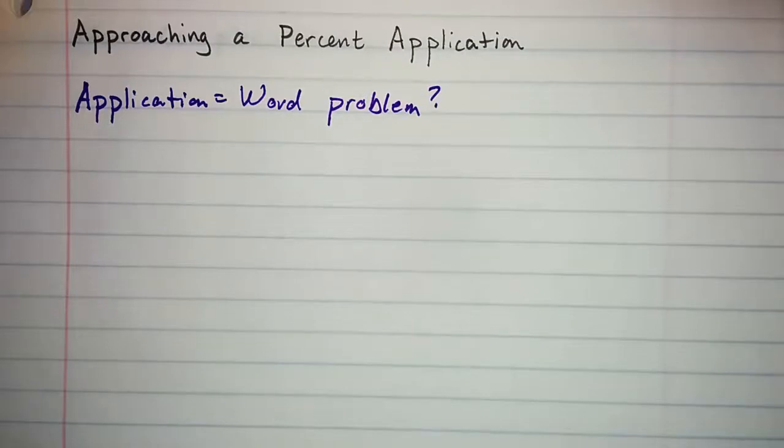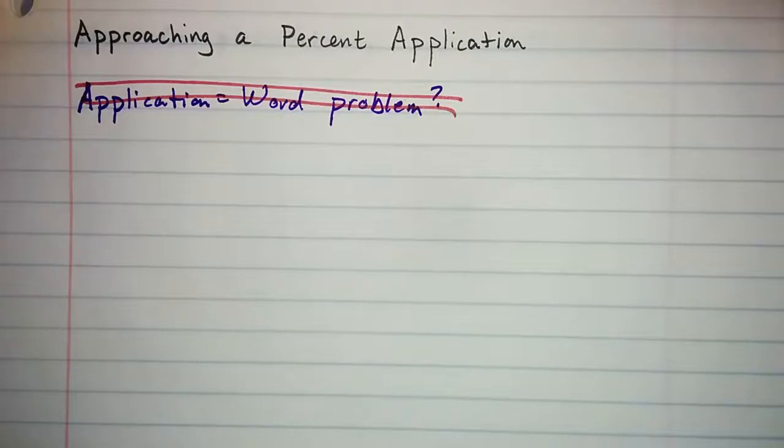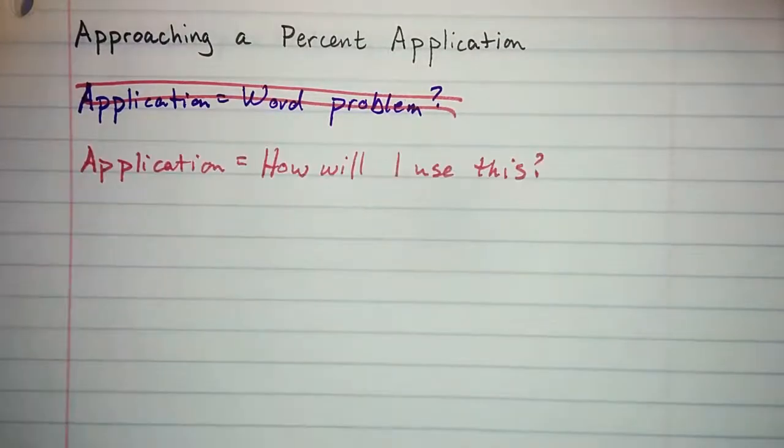So don't think application equals word problem. Instead, think application means, how am I going to use this? Not where am I going to use this. You will find places to use it as you go along. But how? When it becomes useful, how will you use it?